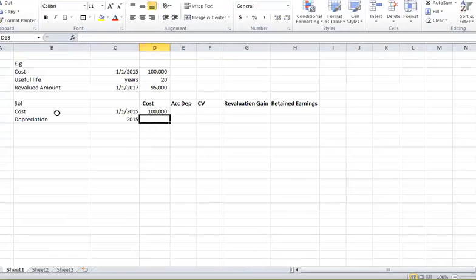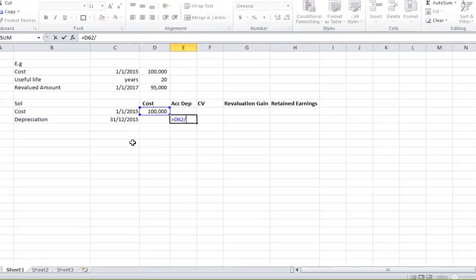So, how to charge depreciation for the year 2015? Or you can say 31st December 2015. At 31st December 2015, 1 year has completed. Because 1 year has completed, we need to charge depreciation. So total cost is 1 lakh divided by total life is 20 years.